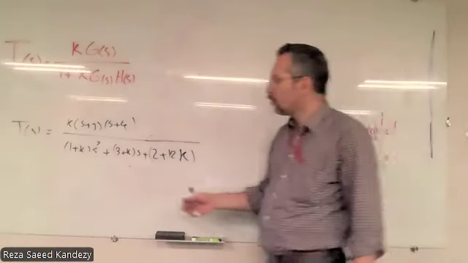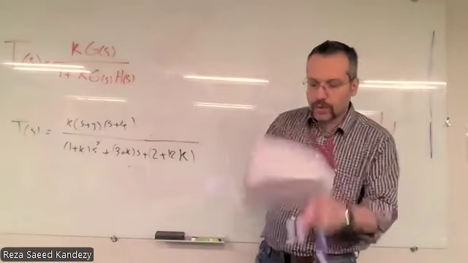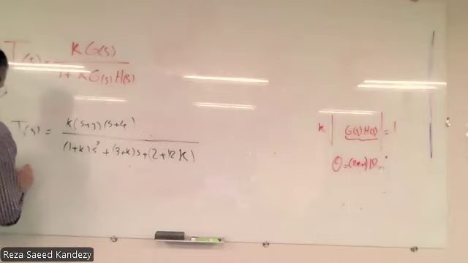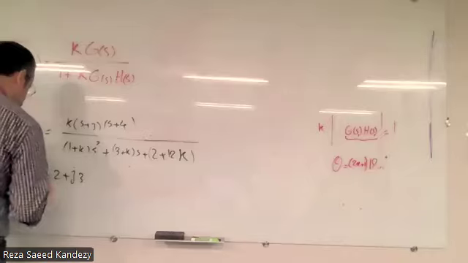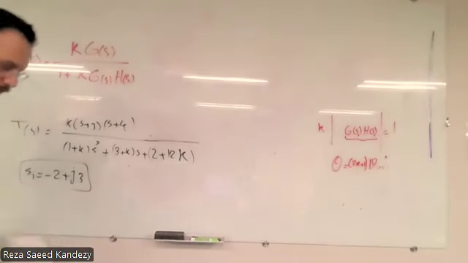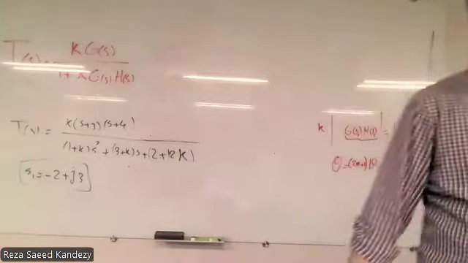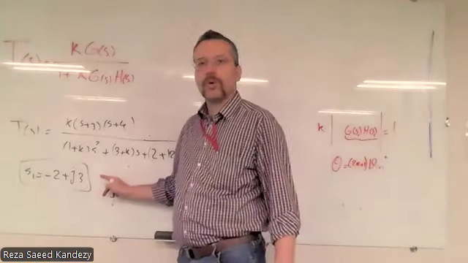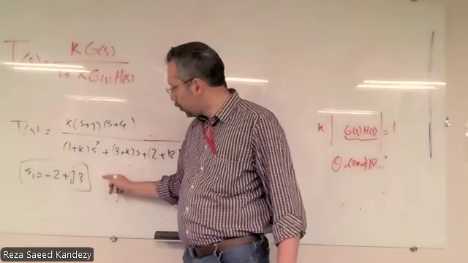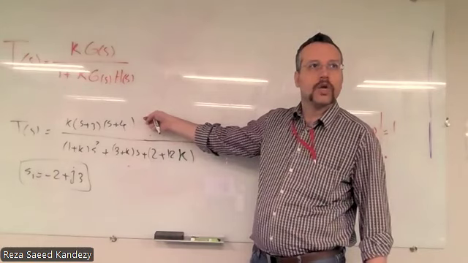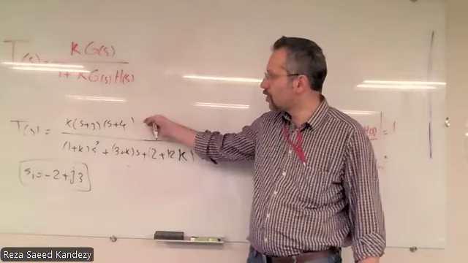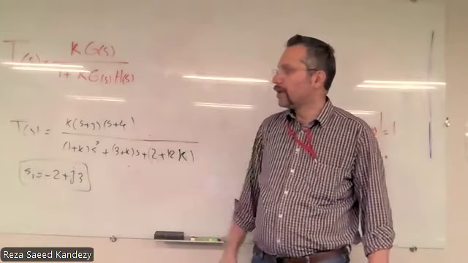But if you want to analyze the point S1 equal to -2 plus j3, this is our S, we want to determine whether it has a potential of being a pole or not. Now you put that S inside your transfer function.